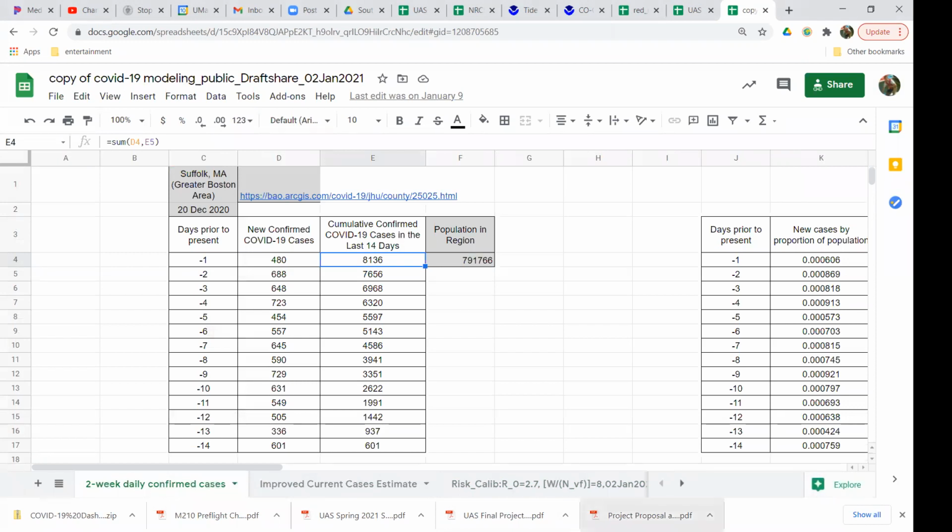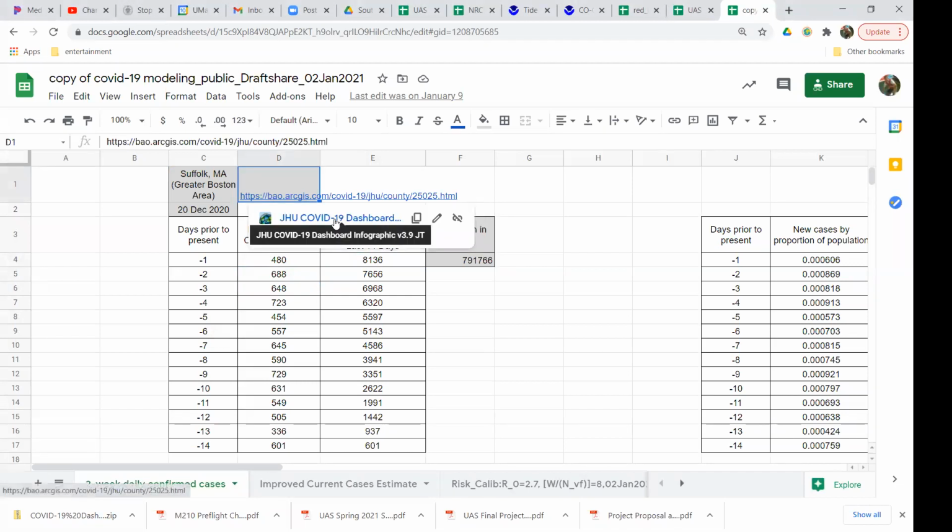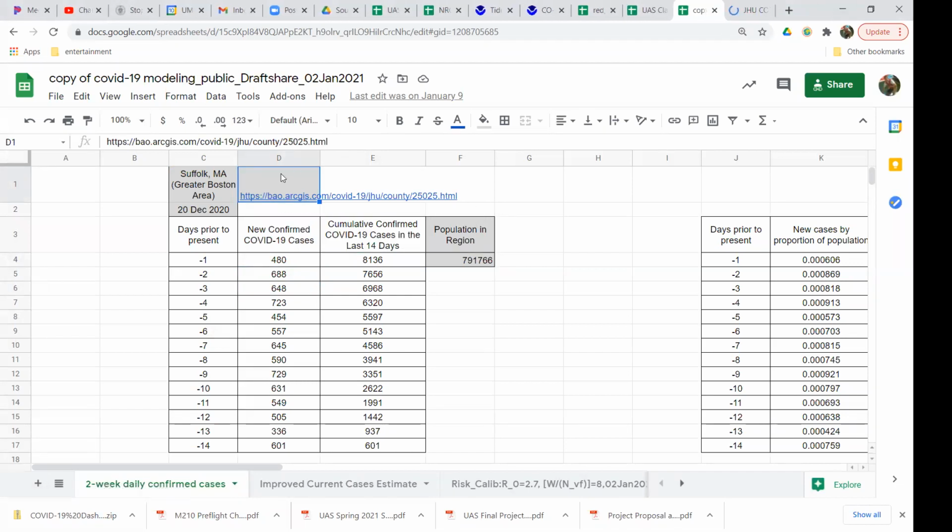So here on the first tab, you have this 2 weekly confirmed cases. This is really where you would enter the most recent confirmed cases. You would take these prior to present, and then enter the values here. You could get these by checking out the COVID-19 dashboard that's linked there.